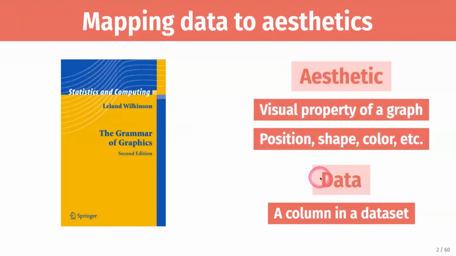Data, on the other hand, hopefully that's familiar to everybody, is really just a column in a data set. And so the magical thing about the grammar of graphics is that it lets you take columns in a data set and represent them using some sort of aesthetic. So you essentially map the data onto the graphic using an aesthetic.